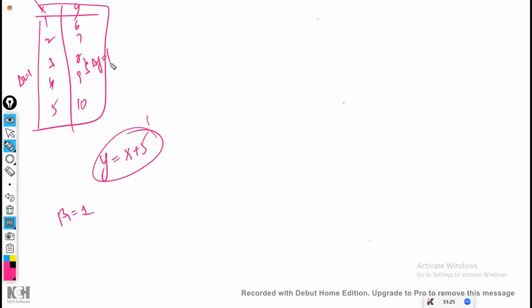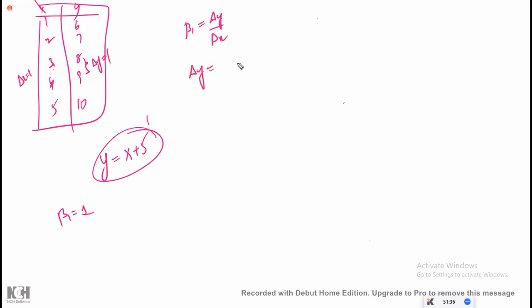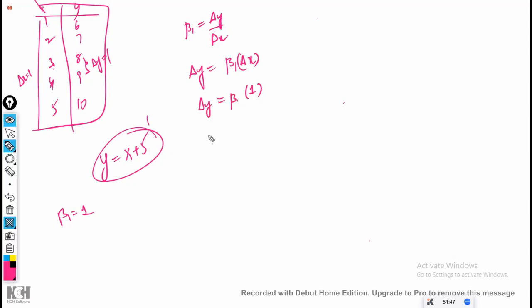It is equal to 1. From where did you get that 1? Beta 1 is equal to delta y by delta x, so delta y is equal to beta 1 into delta x. If delta x is equal to 1, then delta y is equal to beta 1, which is nothing but the slope. Your change in y is equal to the slope.